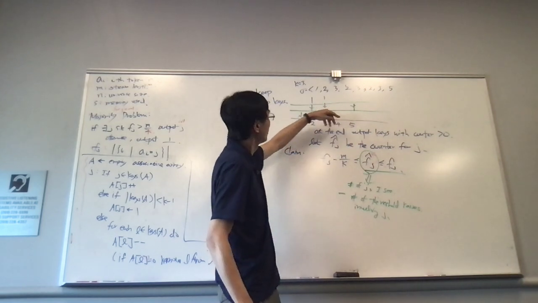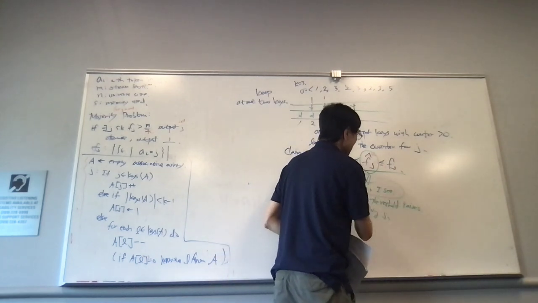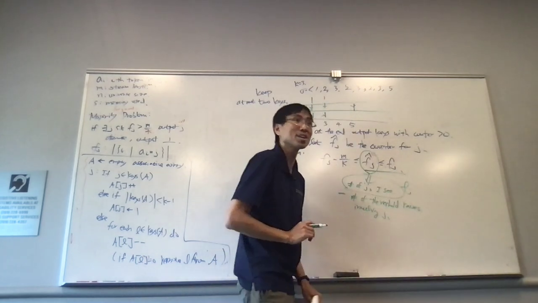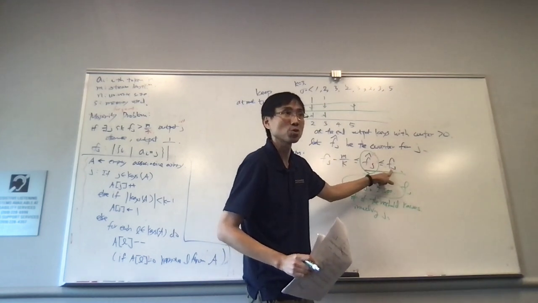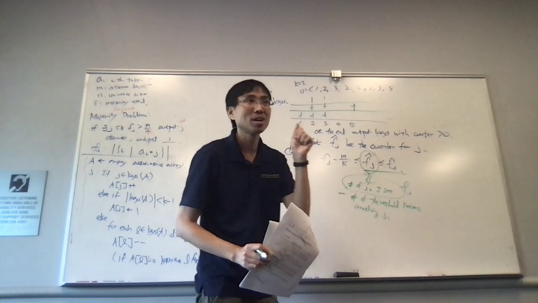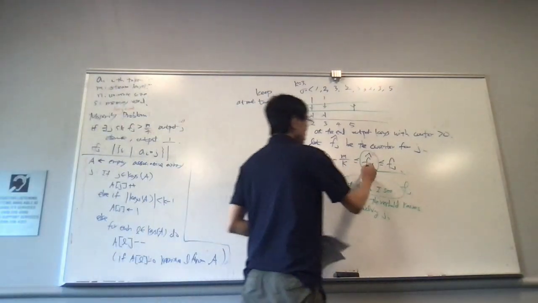Obviously, the number of j's seen is f_j, so this can be at most f_j, for sure. Agree? Okay, so the first part is almost trivial.